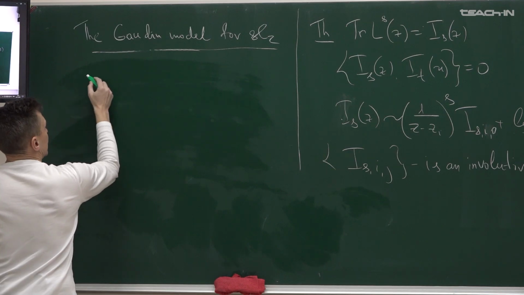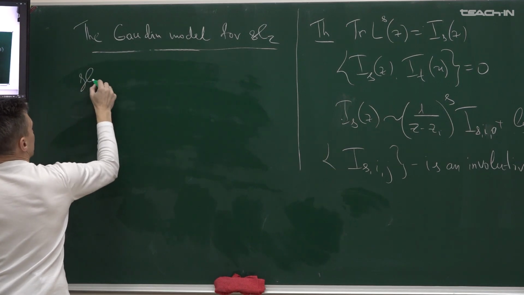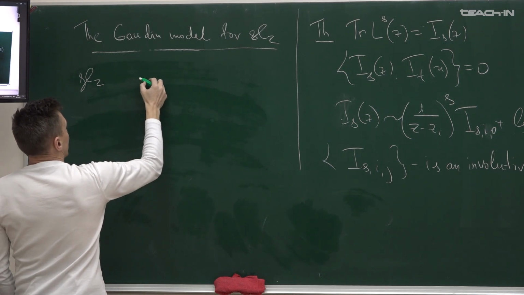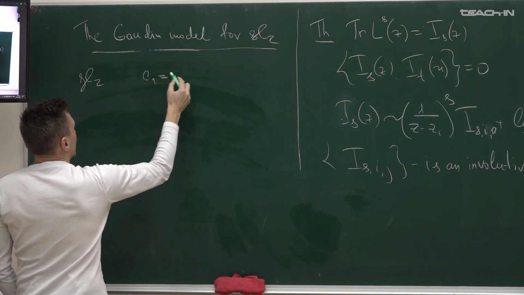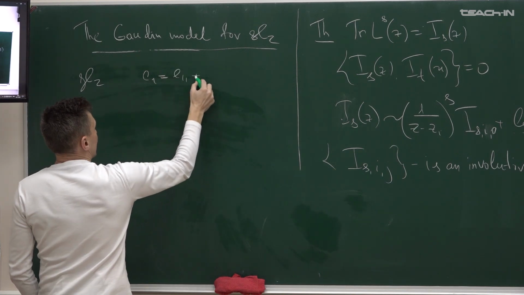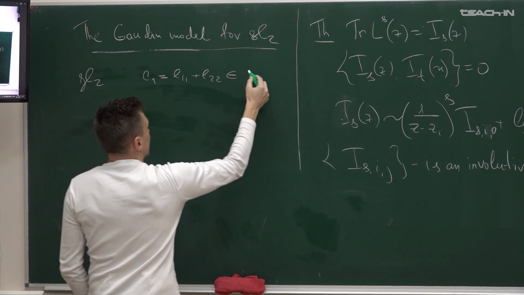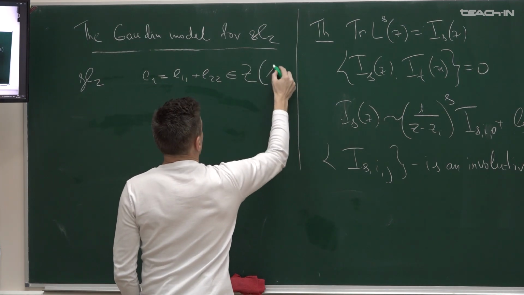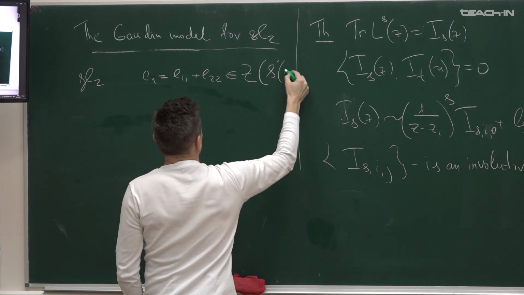In GL2, you remember that the trace C_1, which is E_11 plus E_22, is the central element of gl_2.